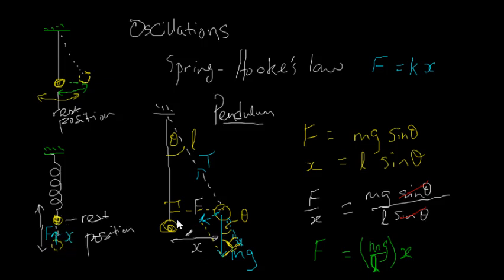As I've drawn this picture for the pendulum, my displacement x is a horizontal displacement, but the force, you can see from this picture, is clearly not quite horizontal. It's at a slanted position.